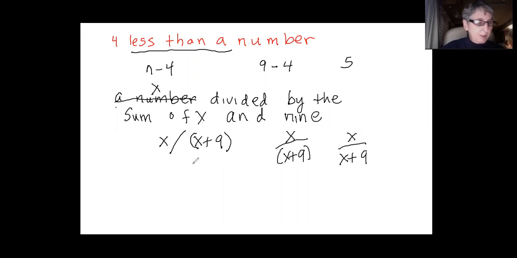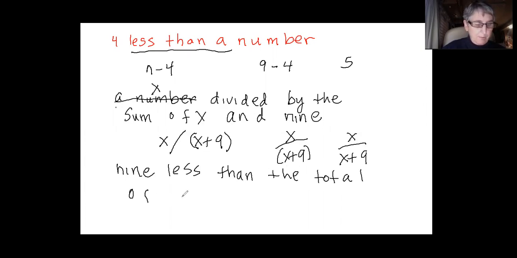All right, a third example. 9 less than the total of a number and 2.